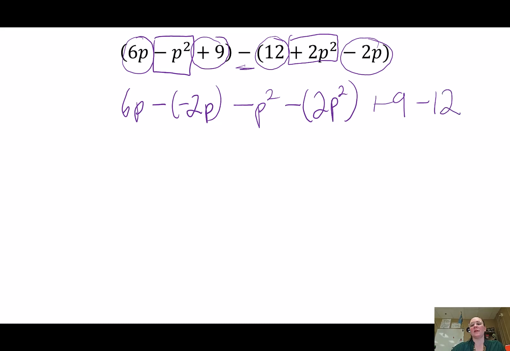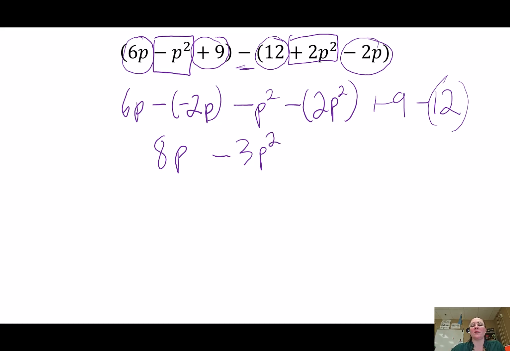So all I'm doing here, guys, is just rearranging so that I can see my like terms together, right? So 6p minus a negative 2p gives me 8p. Negative p squared minus 2p squared gives me negative 3p squared.